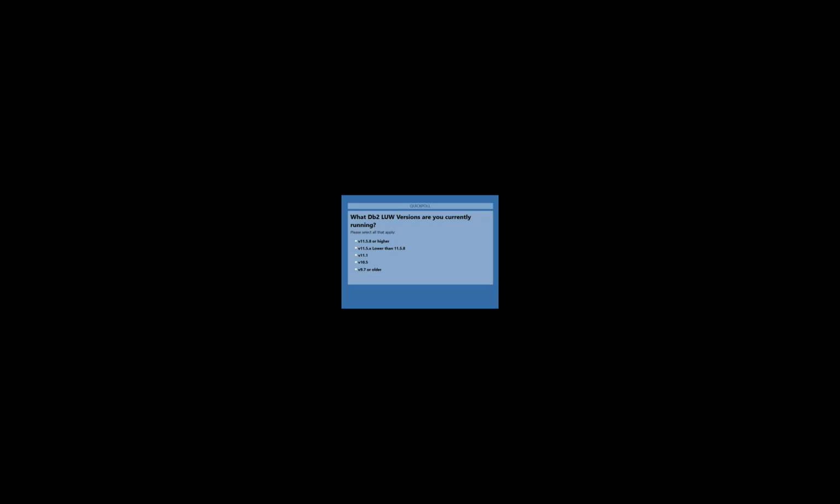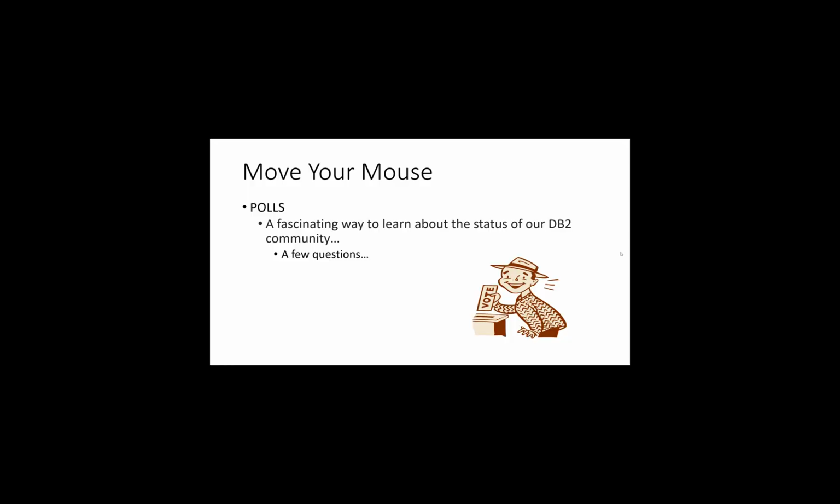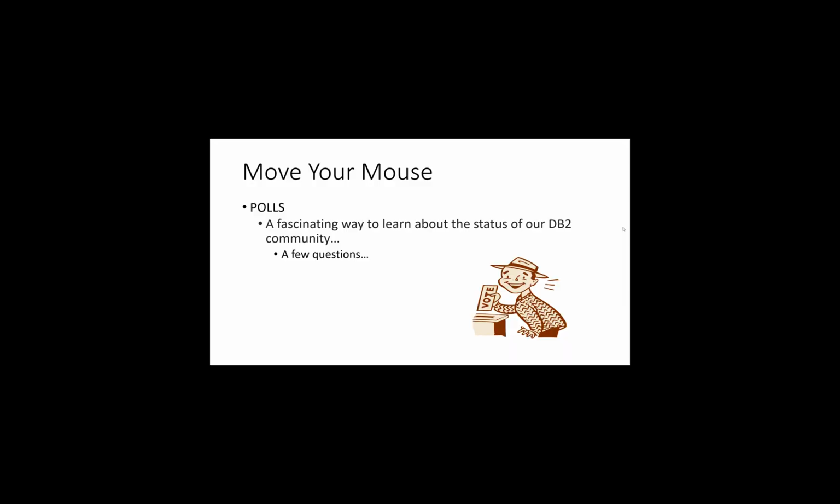Closing the poll in 3, 2, 1. Closing and sharing. We have a mix here, but pretty good, about 11, 5, 8 and higher, 25% or lesser. You've got to start putting 12.1 in there. Yeah, I need to put that number now.